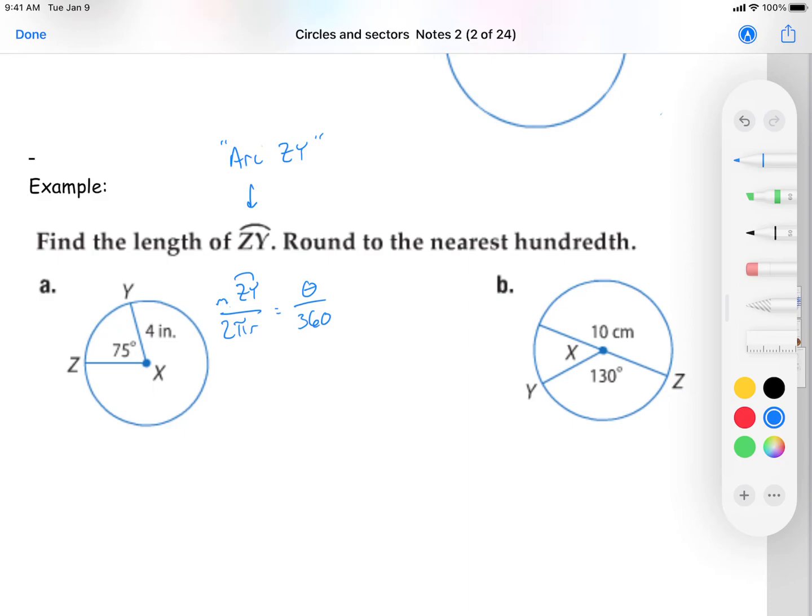This is telling us that our r is equal to 4 inches, and our theta is equal to 75 degrees. That's what the picture tells us. So now let's apply it. The measure of arc ZY over 2 pi times 4 is going to equal 75 over 360.